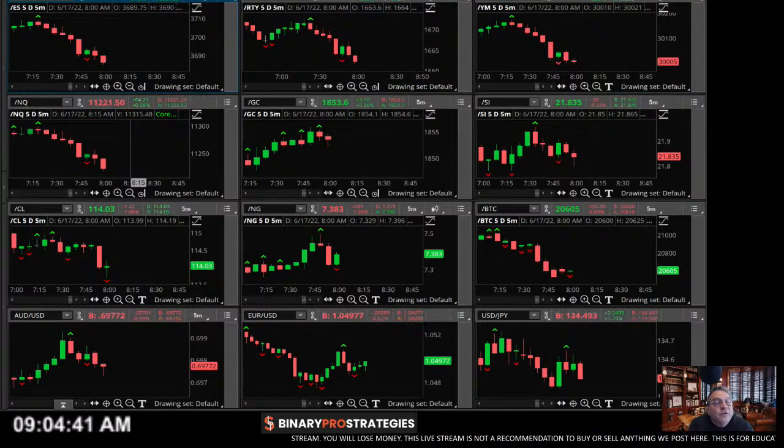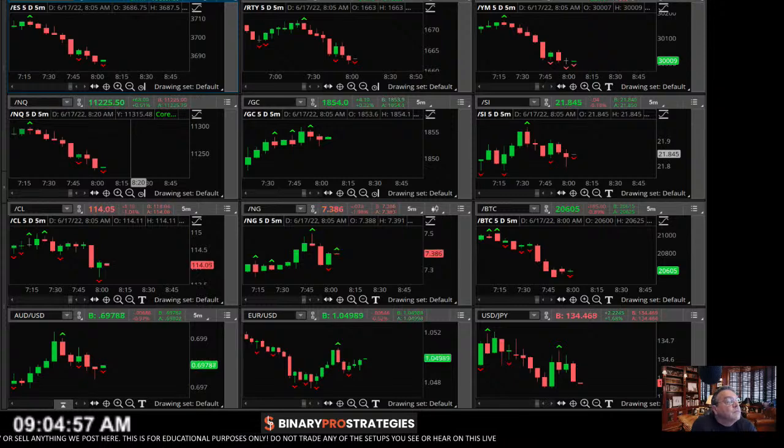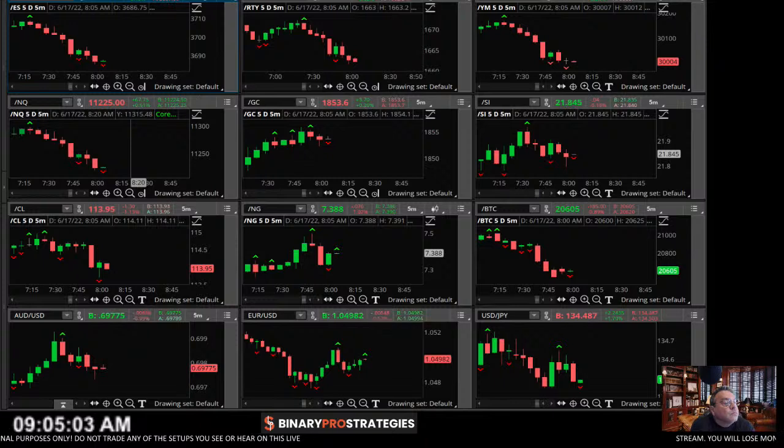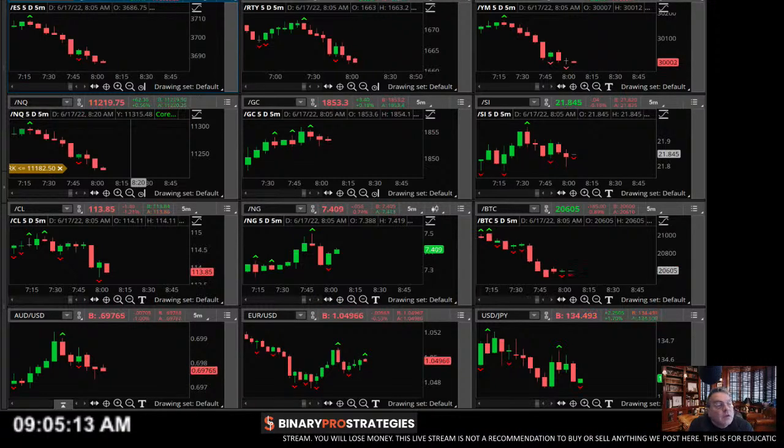So let's get a profit target on that. Okay, target on that is going to bring us down to 111.82 and a half. And if we don't hit that, we need to reverse. We're going to reverse at 112.95.